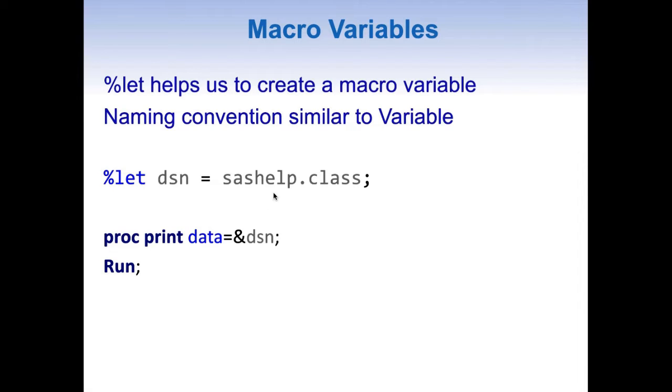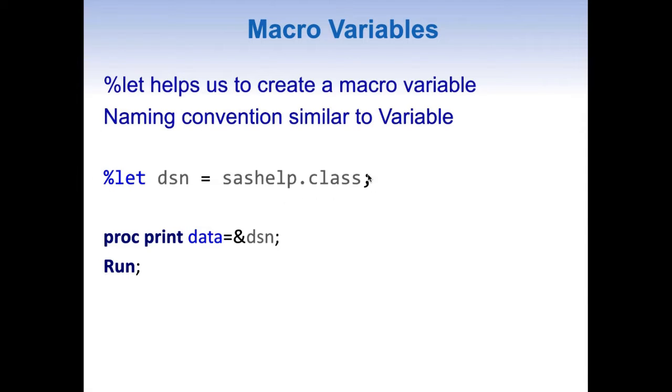I want you to also remember the value of the macro variable should not be more than 65534 bytes. This is not a very important thing to remember, but just in case. And also this value is text.